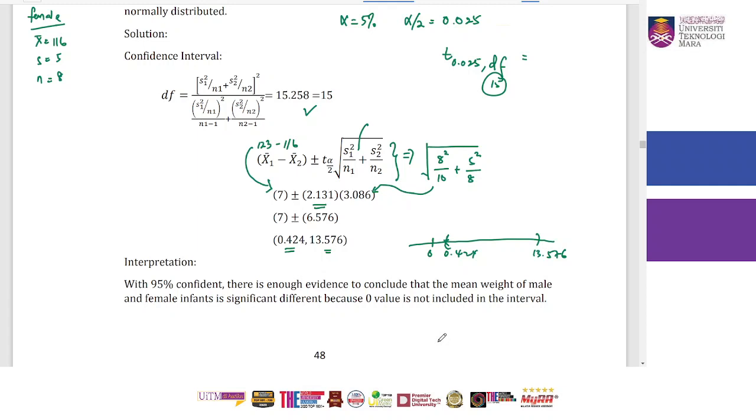So there is enough evidence to conclude that the mean weight of male and female infants is significantly different because the 0 value is not included in the interval. So you have your conclusion saying that they are different, and the reason is that 0 is not included in your confidence interval with 95% confidence.